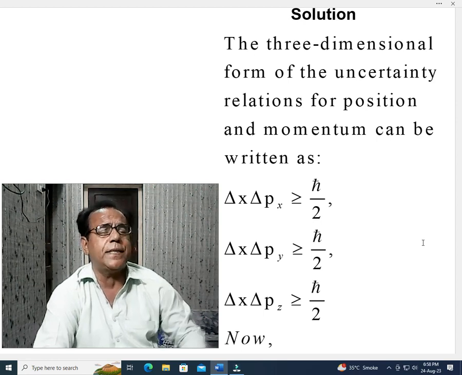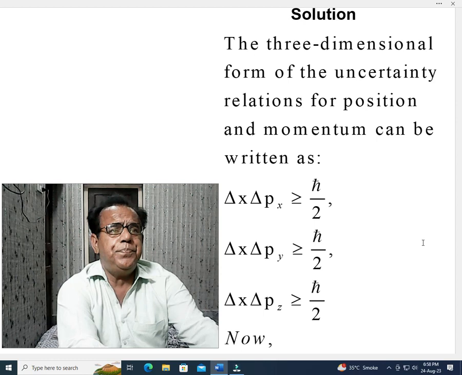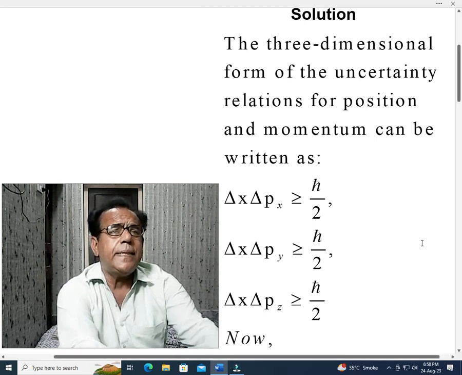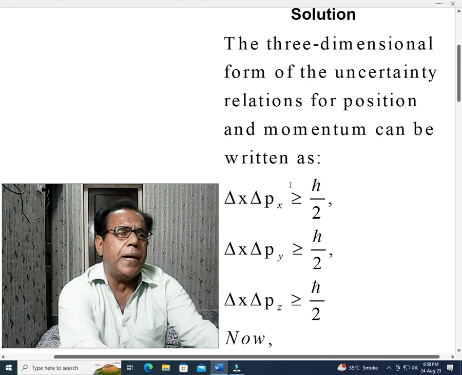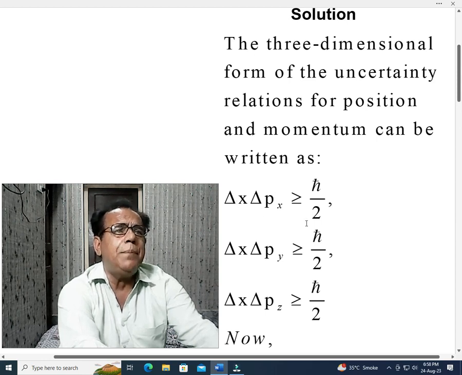This is by definition. Here x denotes position and p denotes momentum. These are the three relations.